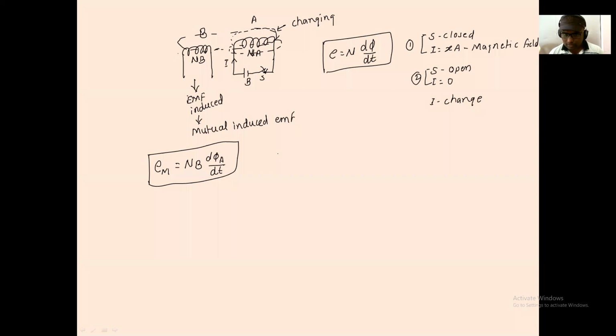So can I write the same equation, E_M, which is equal to d/dt of N_B into phi A? Do you agree with this equation? Please check it. Yes or no? Hello? Yes, sir.